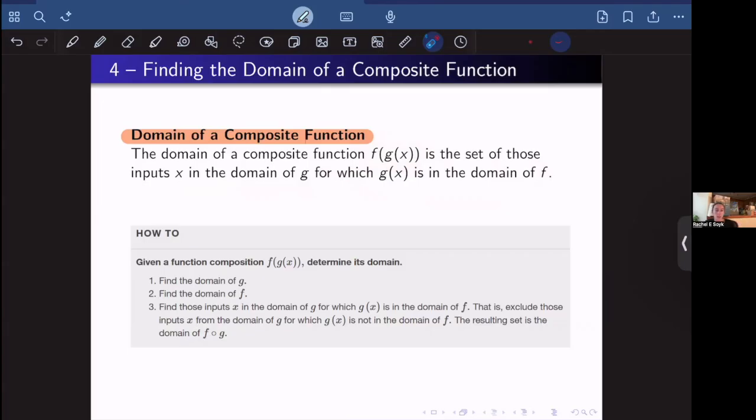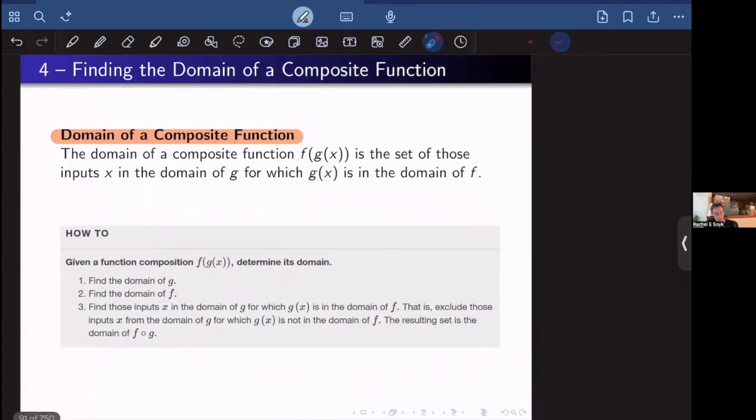So you want to figure out what is the overlap between those two, and whatever that overlap is, that represents your domain of your composition function. This is the step-by-step procedure in how to go about it. Again, find the domain separately, and then you want to find the overlap between those domains to find your final result. So now let's practice this.